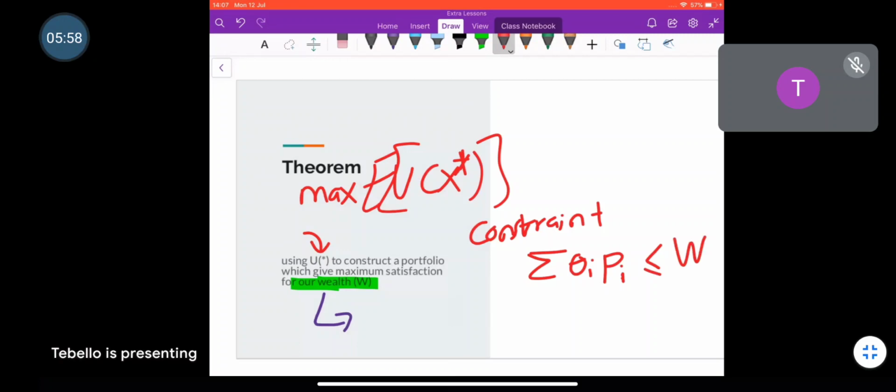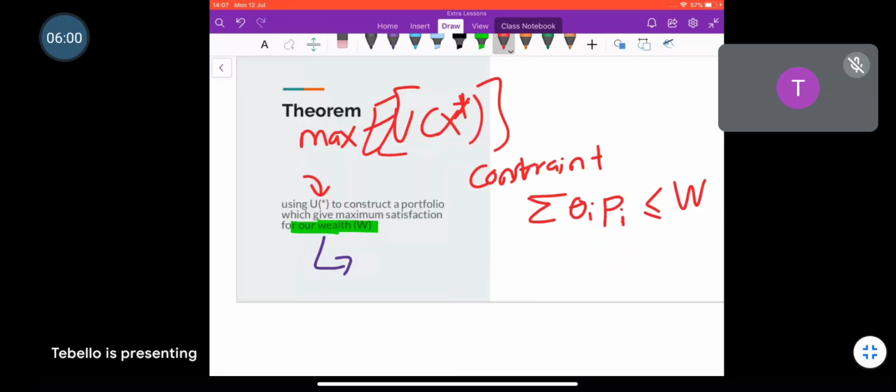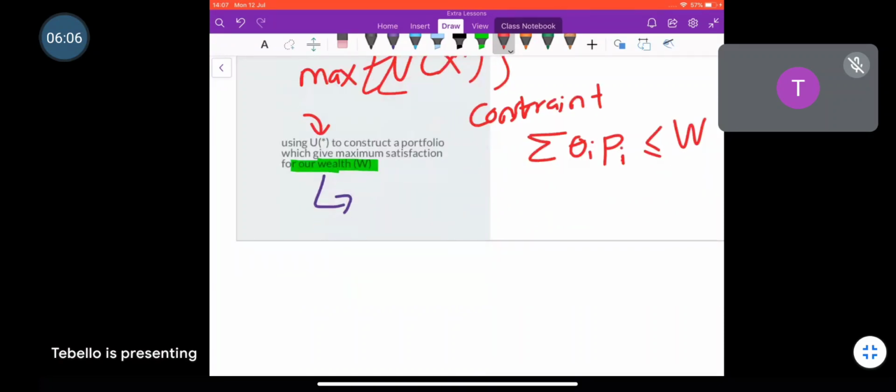Before I do this proof and do examples, I want to explain these components first.